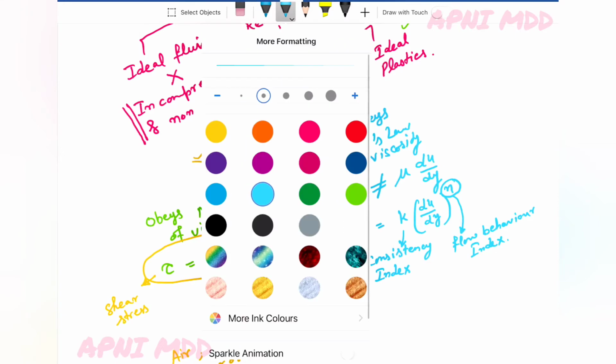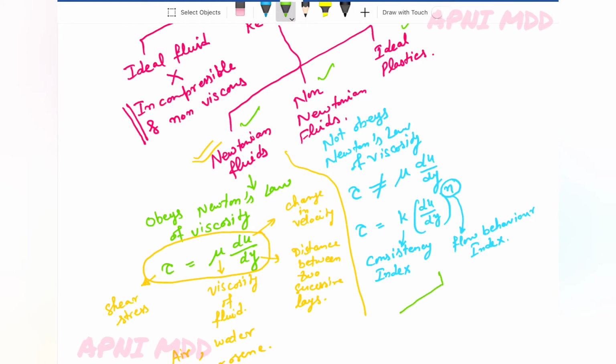The first type we call as pseudoplastics. The second category we call as dilatant.